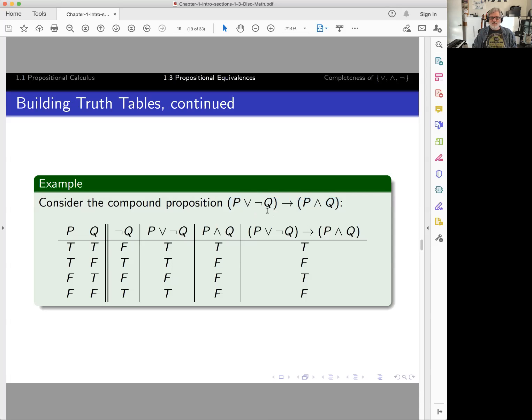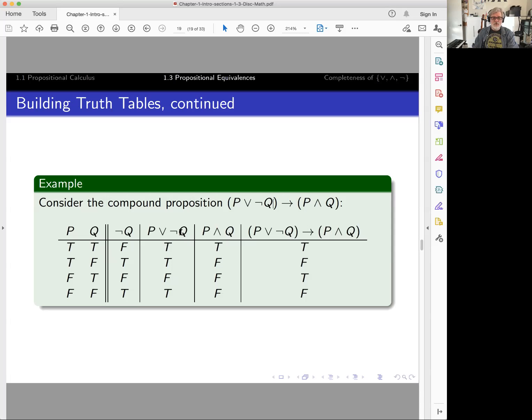So I have to evaluate P or not Q first, and then P and Q. Once I have those two truth values, then I can evaluate the implication. So this is what I did here. If you look at these 2 columns, it's what I did on the previous slide.